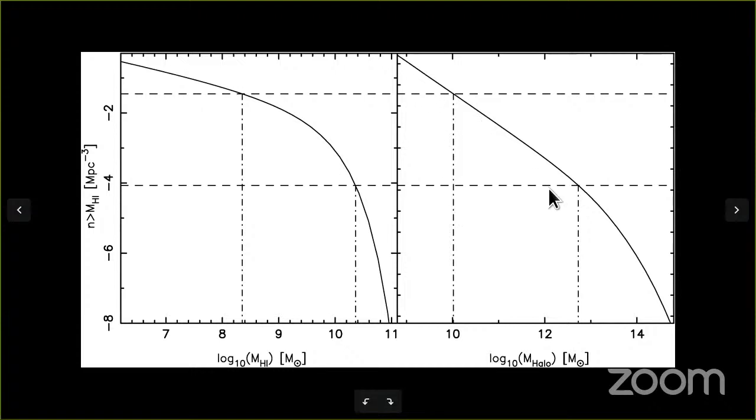Similarly, I do the same thing for the halo mass function, and I find the number density of objects with masses greater than some value, which is the value on the x-axis.